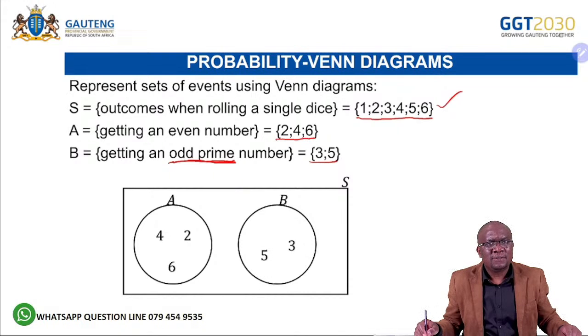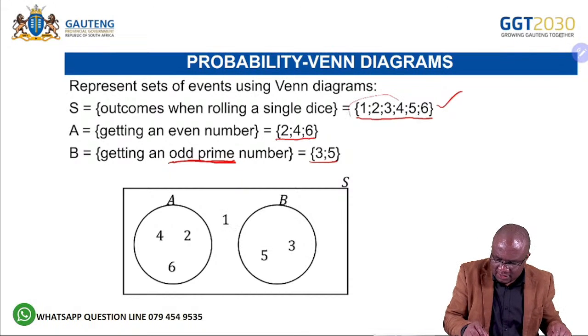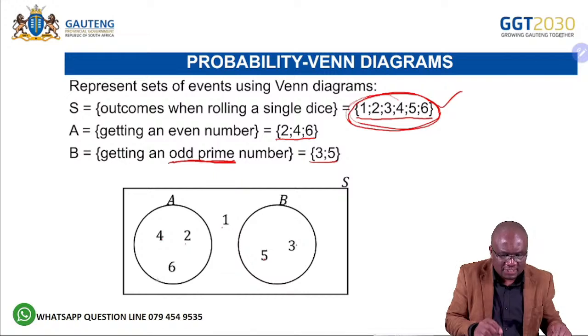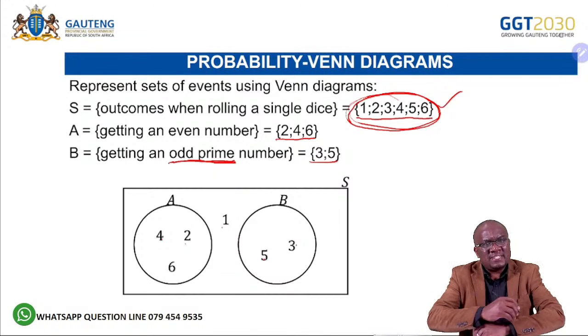It is 1. Do you see that? 1 is not a prime number, and is not even. So it is outside the events. So let's check if we have all the outcomes from the sample space. 1 is there, 2 is there, 3 is there, 4 is there, 5 is there, 6 is there. So we have everything.